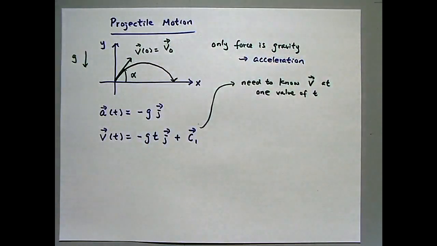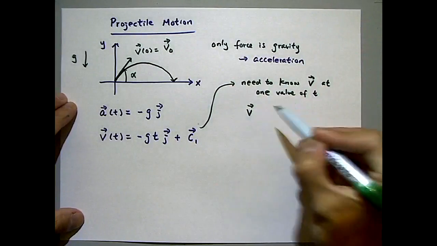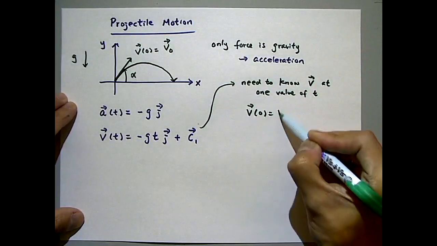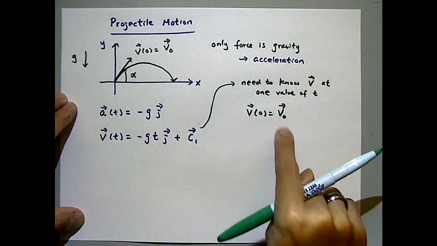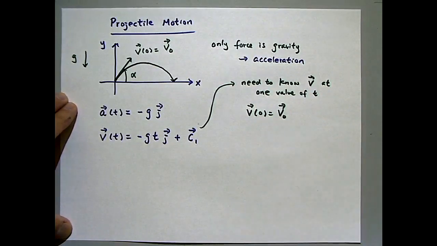Let's say that I'm throwing this ball at an angle of alpha from the horizontal, 45 degrees, 60 degrees, whatever. So this tells me that v at 0 is v sub 0. What we need to do here is to break this into the i and j components.